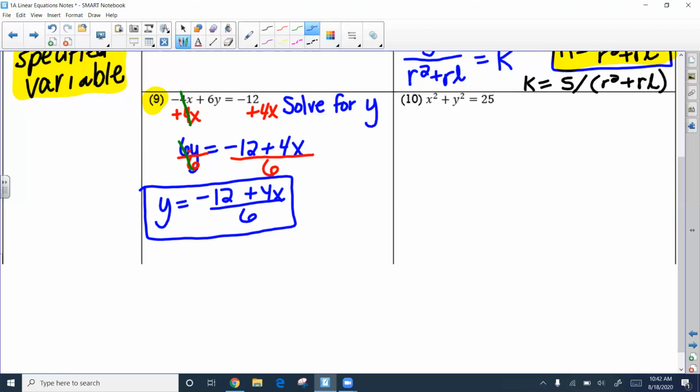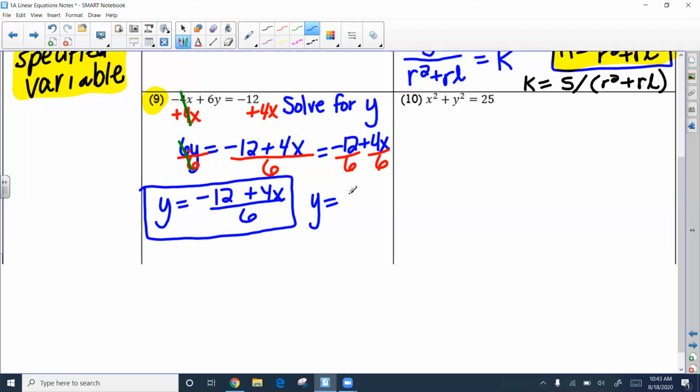Another way we can write this is I can put both terms rather than putting the whole thing over 6 and making one big fraction. I could divide each part individually by 6. So the negative 12 divided by 6 and the 4 divided by 6. Some people like this because then our numbers reduce or divide.